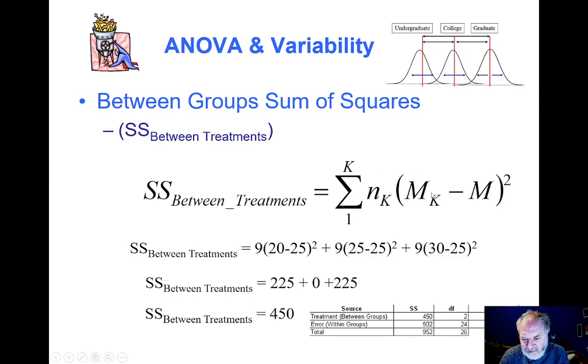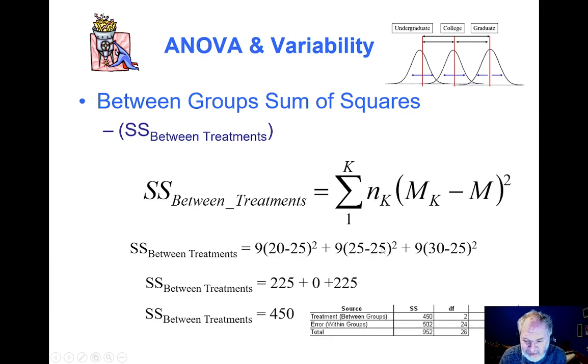So I take the mean for each group minus the grand mean for the whole study, square it, and multiply it by the number of students in the group. In the first one, for the undergrad students, it's 20 minus 25, which is minus 5. Minus 5 squared is 25. 25 times 9 is 225. I then do it for the college students. The mean for the college students is 25, minus the grand mean of 25, square it, and multiply by 9.